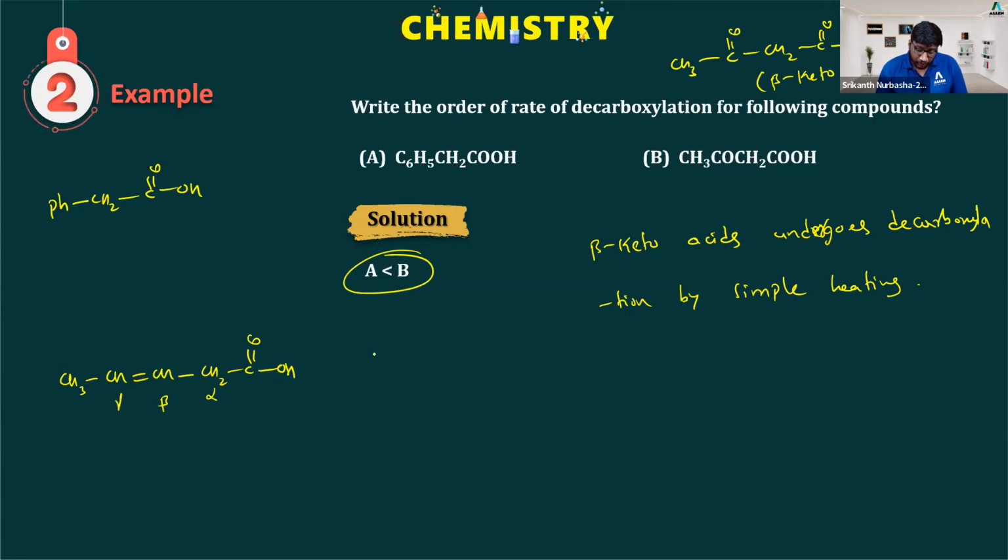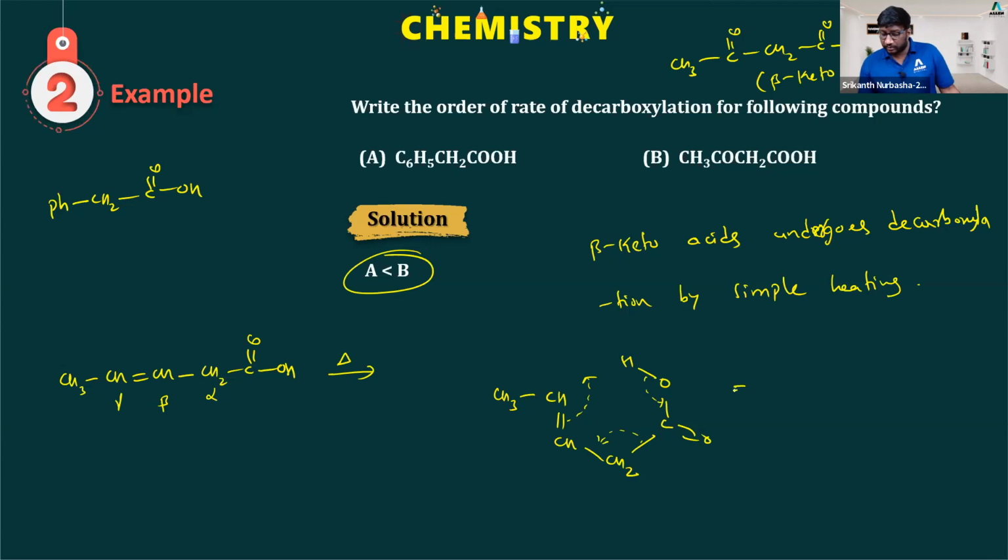Beta gamma unsaturated acid, if you try to heat it, what are you going to get? The pi electron density of this carbon will move further, this OH electron density moving inside, this electron density moving inside. You will get the transition state in this manner.